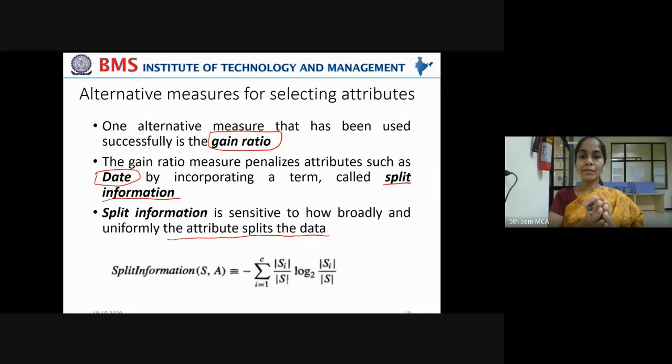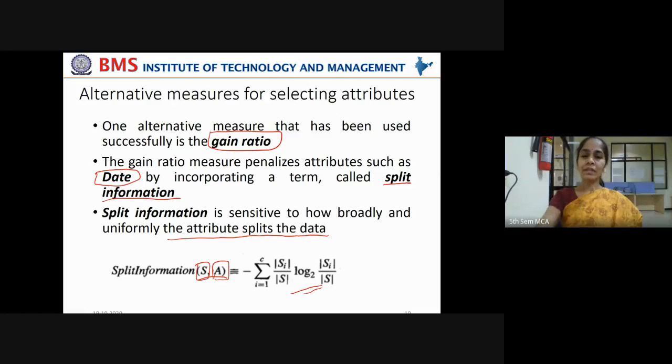The broadness of the training examples brought onto the leaf node is very low. It is splitting too much, right? So that split information, let us calculate as SplitInformation(S, A). S with an attribute A, as this measure is somewhat like entropy itself.